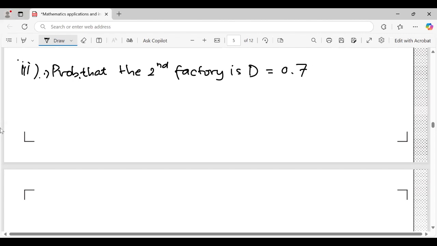So we need to find 0.7 times T cubed as 0 or state matrix. We need to find the value of this.